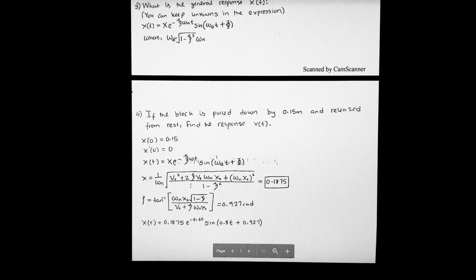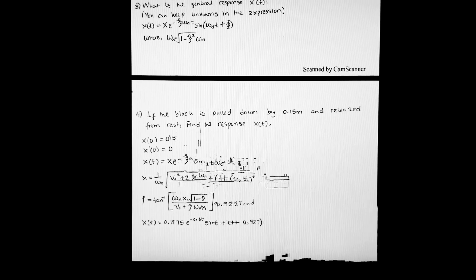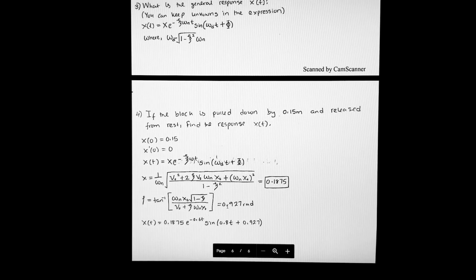And we actually solve for phi, which is the tan inverse of the whole equation above us, being simplified, and then we get 0.927 rads, and then we plug all our knowns back into the general equation, giving us our final answer for number 4.